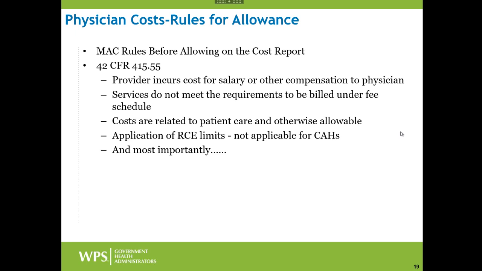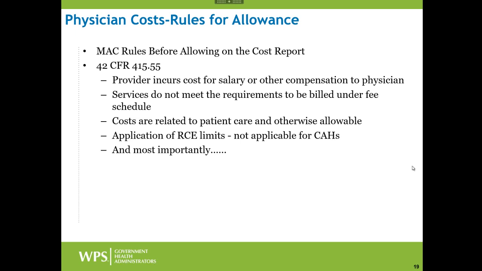Of course, in general, all costs have to be related to patient care and otherwise allowable, so they meet all the general rules of cost reimbursement. Now, for acute care hospitals, we do have certain limits known as RCE limits. These are reasonable compensation equivalency limits. Now, these do not apply to critical access hospitals, but again, acute care hospitals, they do apply to.